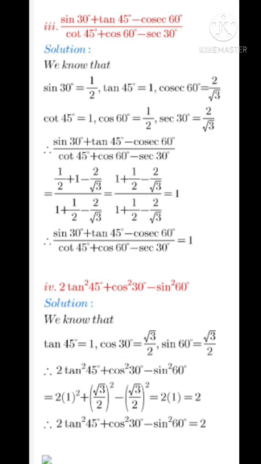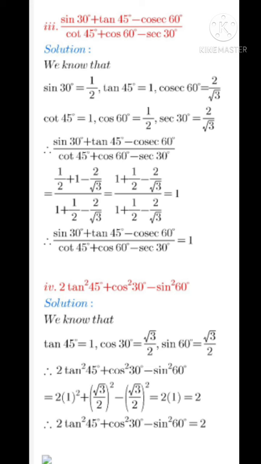Third question: sin 30 plus tan 45 minus cosec 60 by cot 45 plus cot 60 minus sec 30. We know that sin 30 is equal to 1 by 2, tan 45 is equal to 1, cosec 60 is equal to 2 by root 3, cot 45 is equal to 1, and cos 60 is equal to 1 by 2, sec 30 is equal to 2 by root 3. The same values we have to substitute in the given equation: sin 30 plus tan 45 minus cosec 60 by cot 45 plus cos 60 minus sec 30, that is equal to 1 by 2 plus 1 minus 2 by root 3 by 1 plus 1 by 2 minus 2 by root 3.